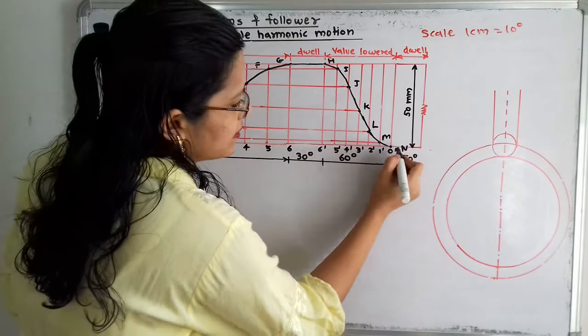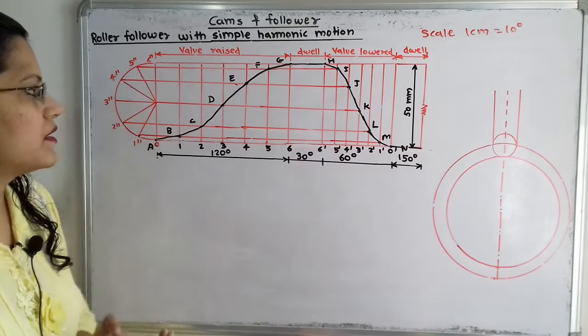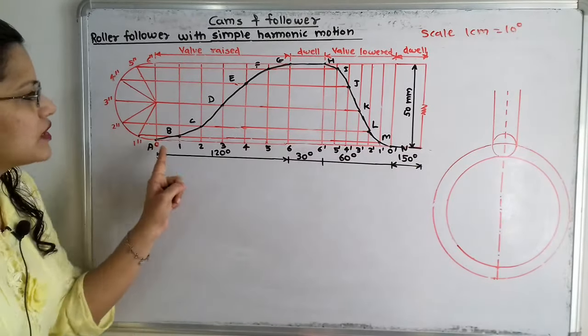And then here after this, for 150 degrees it remains at its original state, that is we have to continue up to its dwell period of 150 degrees. So this is the profile.